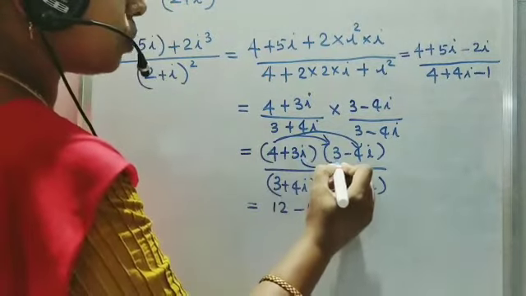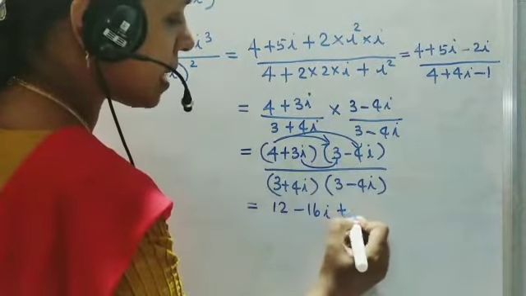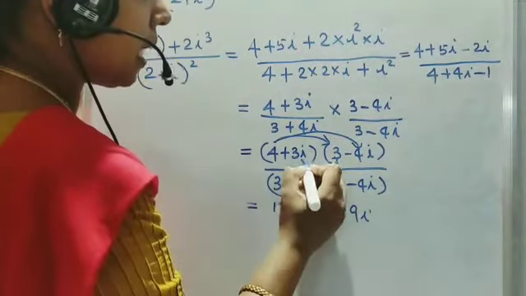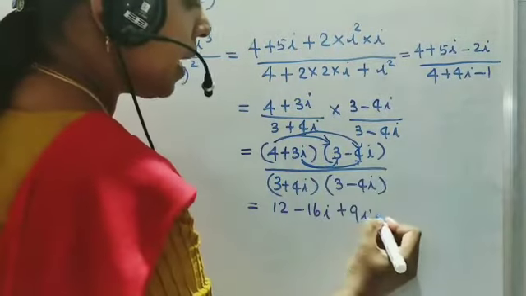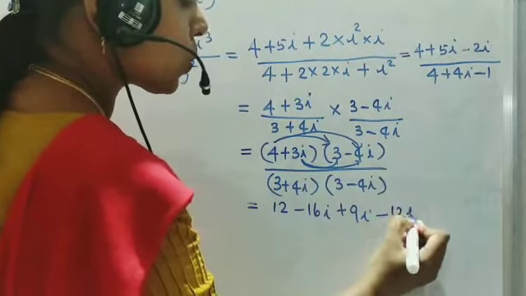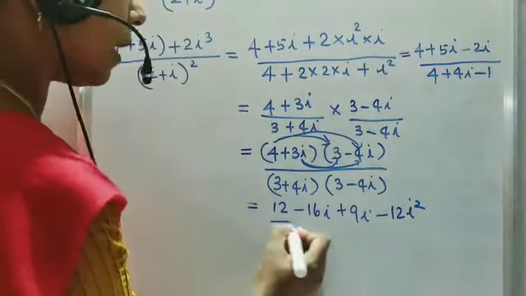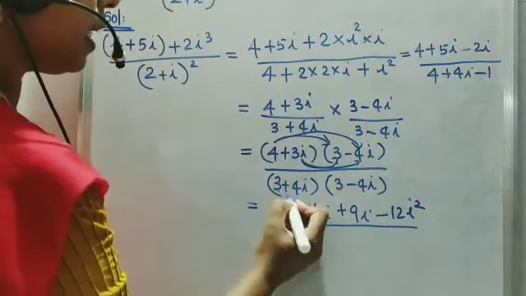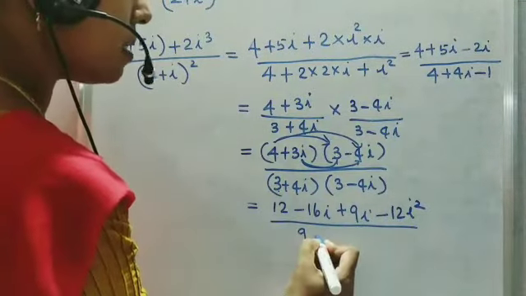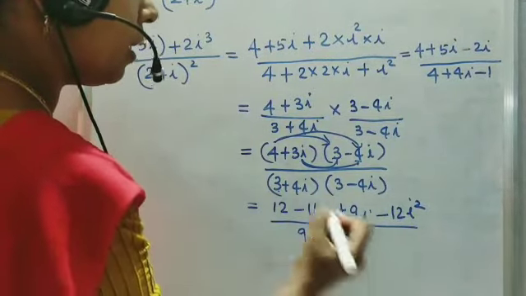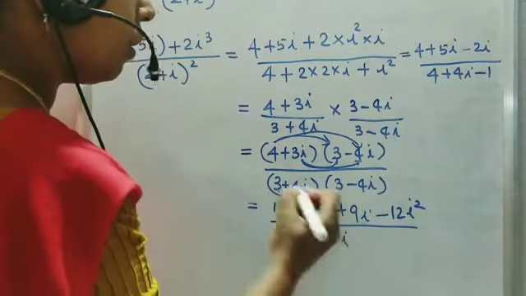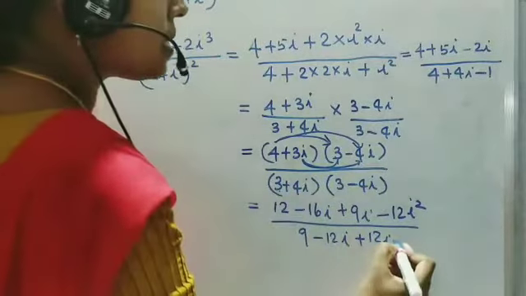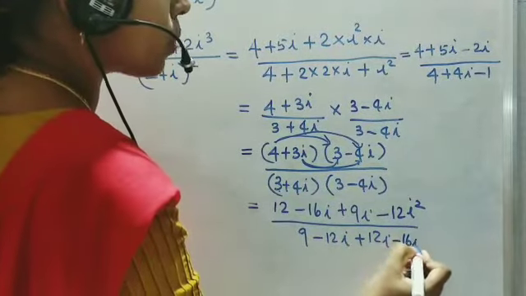Then 3i into 3, that is plus 9i. Next 3i into 4i, that is negative 12i², divided by 3 into 3, that is 9. 3 into negative 4i, that is minus 12i. 4i into 3, that is plus 12i. 4i into negative 4i, that is negative 16i².